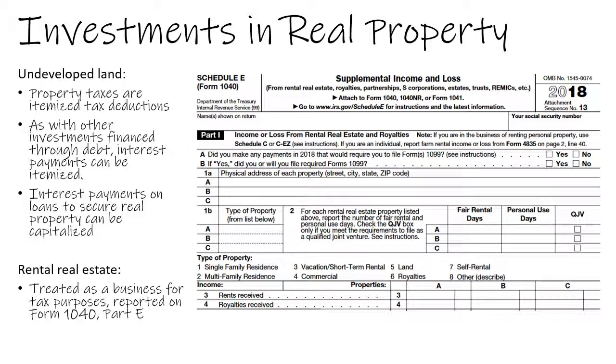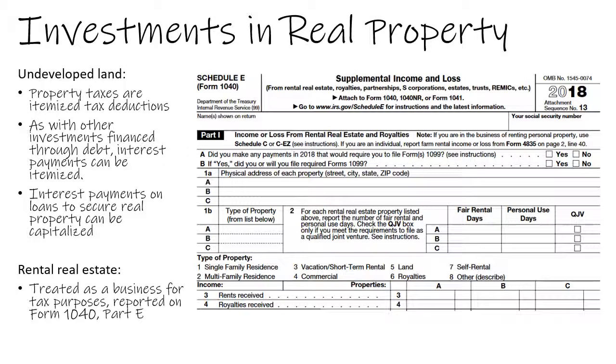An individual can also report net income from investments in real property. This can include profits from real estate businesses, which are treated as a business for tax purposes and reported on Form 1040 Part E. An individual can also hold undeveloped land as an investment.